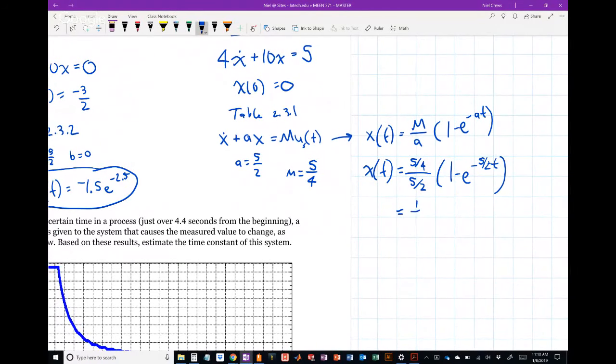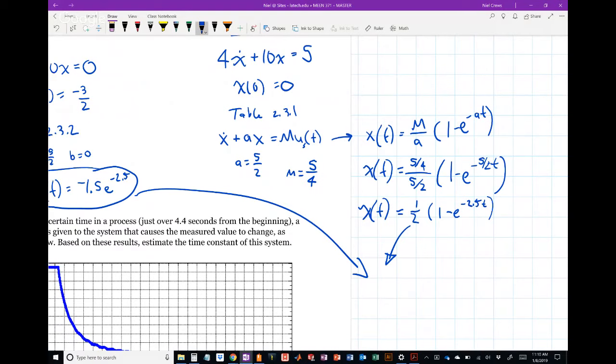Let's simplify that: 1/2 times 1 minus e to the negative 2.5t. And so to get our total solution, we're going to add our free and forced responses. This is a much longer way, but it is a way: divide it up into free and forced, and then add them together.